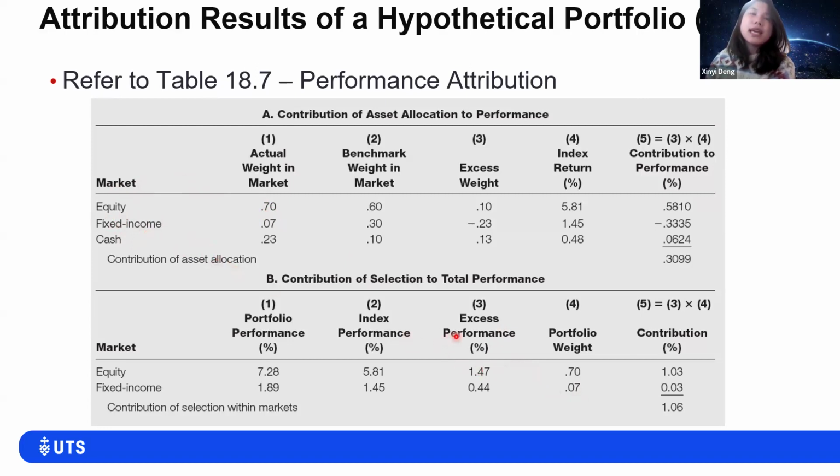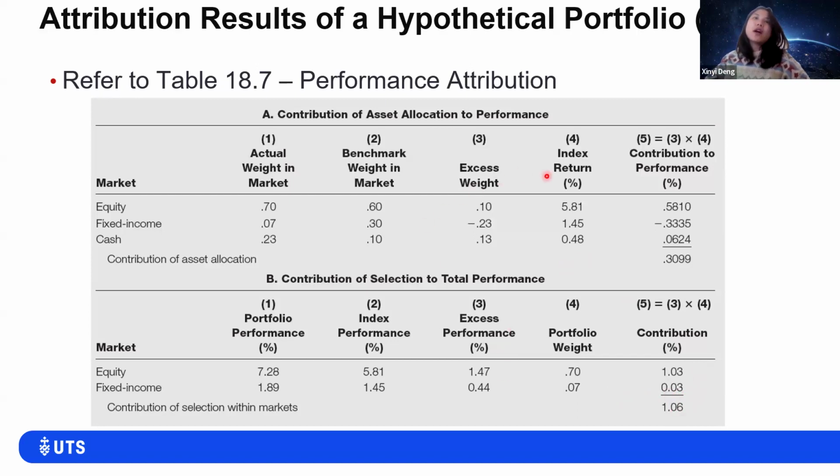We use the excess performance times the portfolio weight for both segments, and then we obtain 1.03% and 0.003% respectively. If we add them together, that is the contribution of selection.